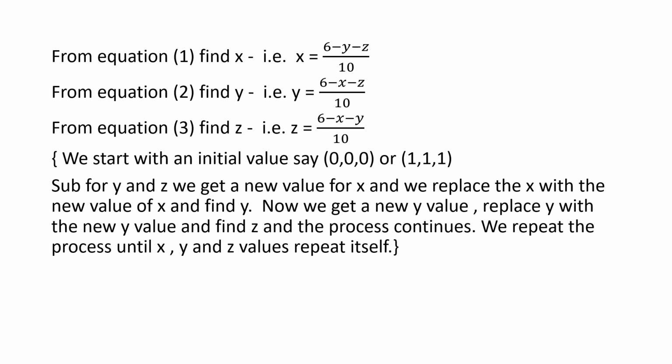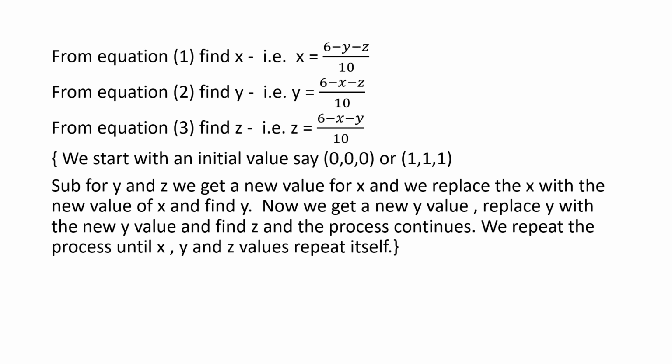Now, we usually start the problem with an initial value, say 0, 0, 0, or you can take 1, 1, 1. Now, to find x, substitute for y and z, and you will get the value of x. Now, when you find y, replace x with the new x value. And when you find z, replace x and y with the new x and y values.